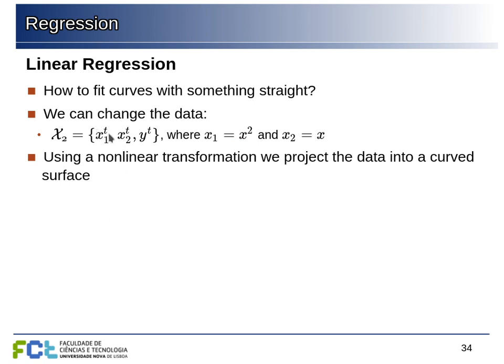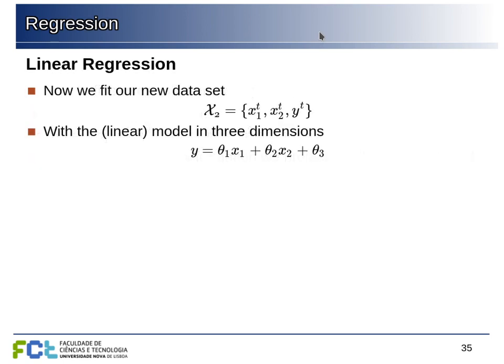So now we have something that has two features, x1 and x2. We still have the same target values. We did not add anything new other than just the square of the original feature that we had. So now what we have is this problem in 3 dimensions, where we can use a linear model in 3 dimensions, which is a plane, to try to adjust our data.